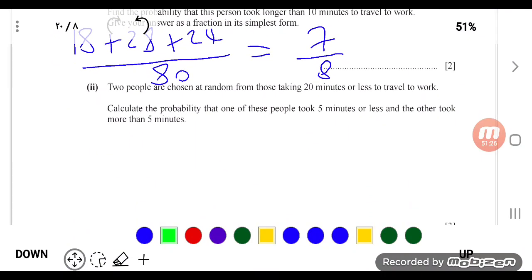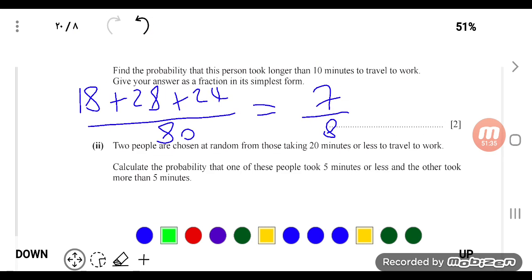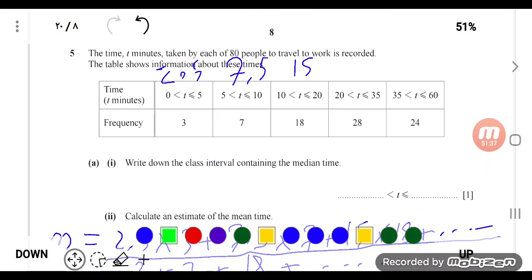So the question is saying one took 5 minutes or less and the other took more than 5 minutes. How many took more than 5 minutes?